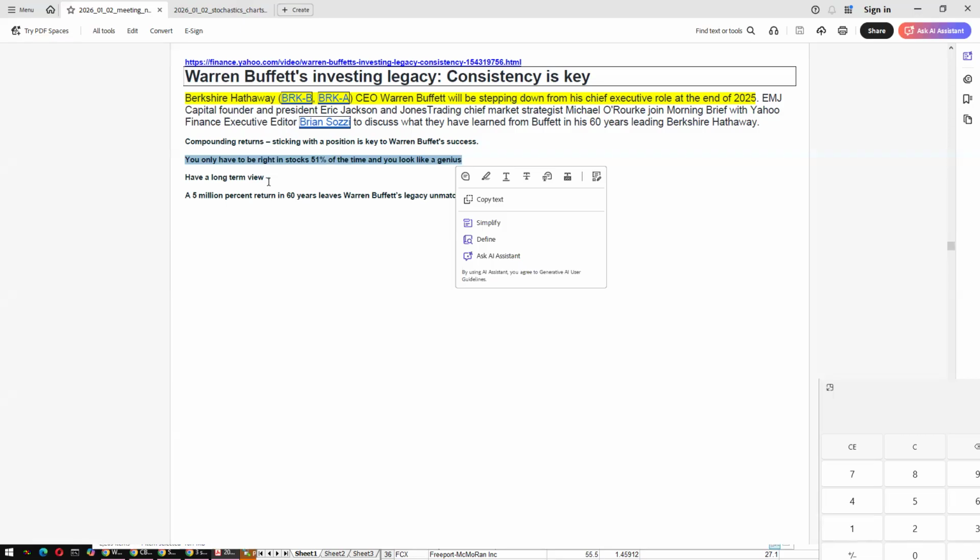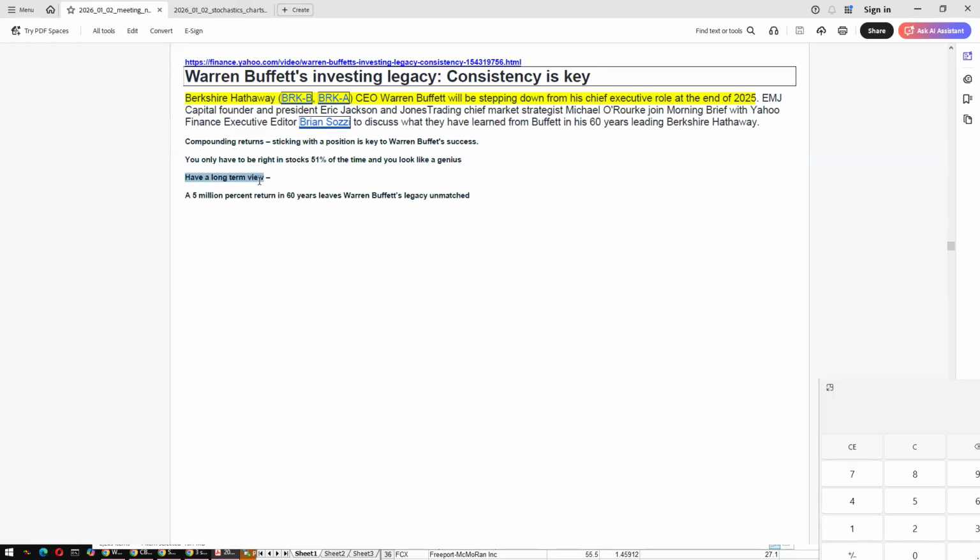If you hold a stock or the stock market for 10 years, your odds of getting a positive return are over 95%. If you gamble in the casino for 10 years and you start with $1 million, you're almost guaranteed to have zero in 10 years.